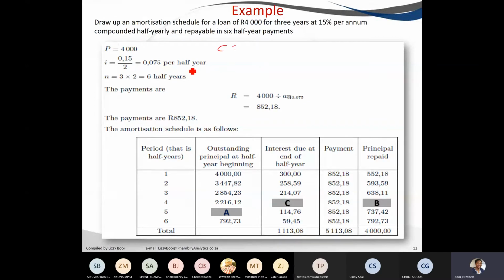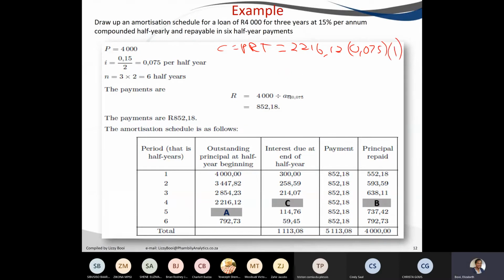Calculating C, which is our interest, we need to take our present value times the rate times T. Our present value for this line, number 4, is 2,216.12. Multiply this by the rate of 0.075.